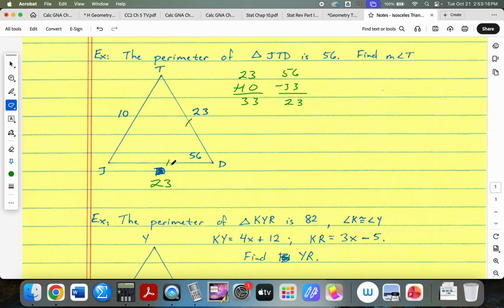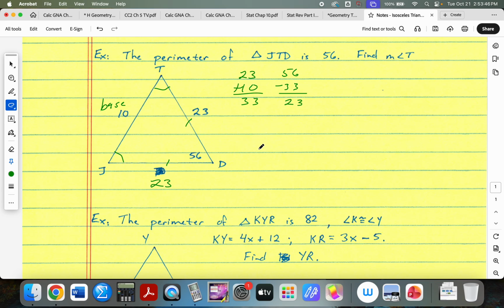But they didn't tell you that it was isosceles. They gave you enough information to figure it out. So these two are the congruent sides, those are the legs, so this side is the base. It's always important to identify which side is the base. Why? Because the two base angles, the angles at the ends of the base, in this case J and T, are congruent to each other.